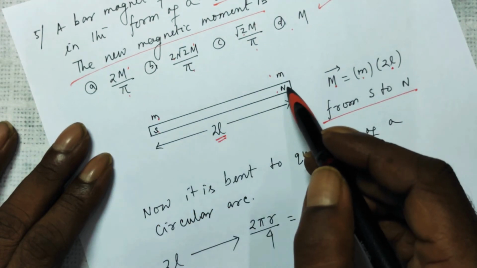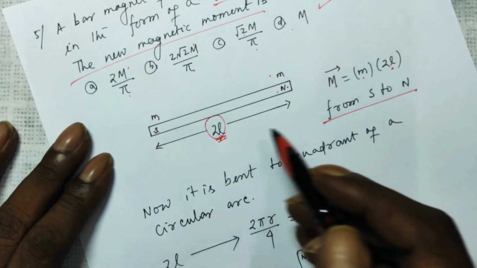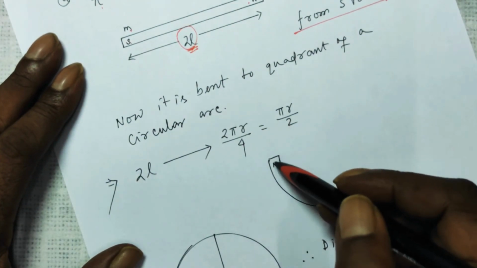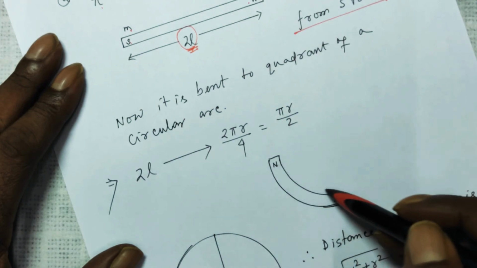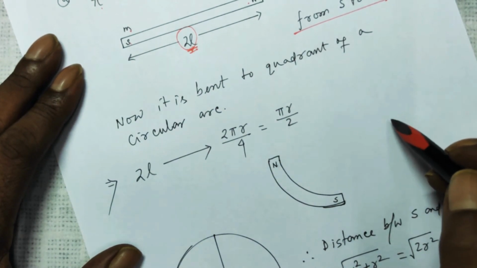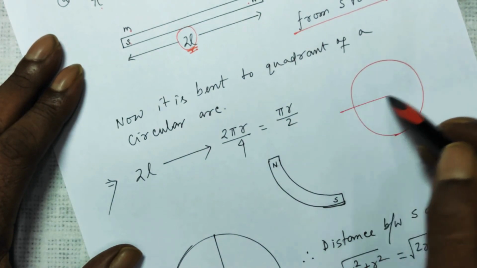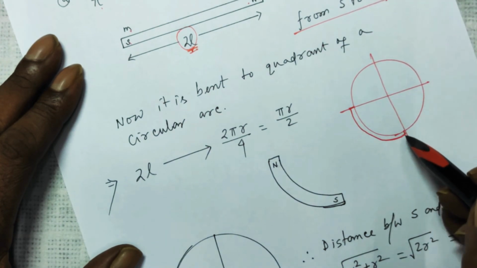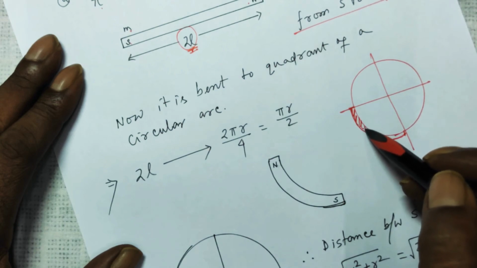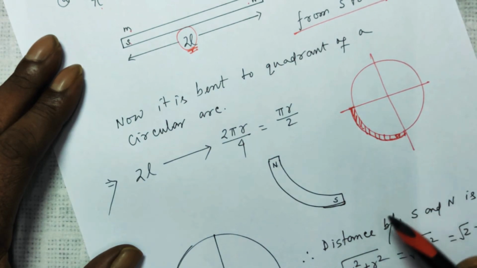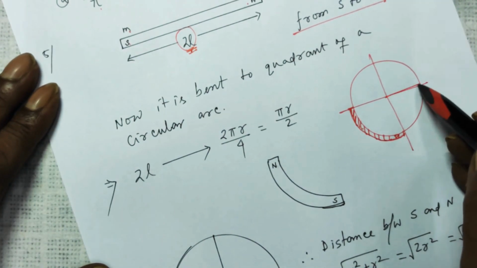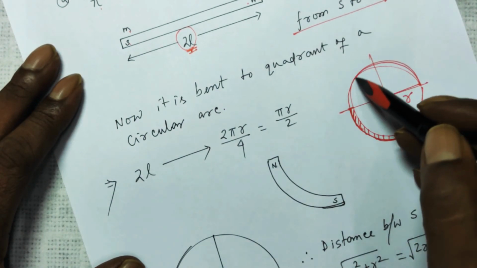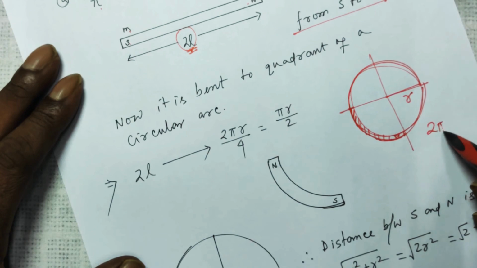Now this bar magnet, whose length is 2l, is bent like this. Quadrant of a circular arc means 1/4 of a circle, so it is bent like this. Now, if the radius of the circle is r, the full circumference is 2 pi r.